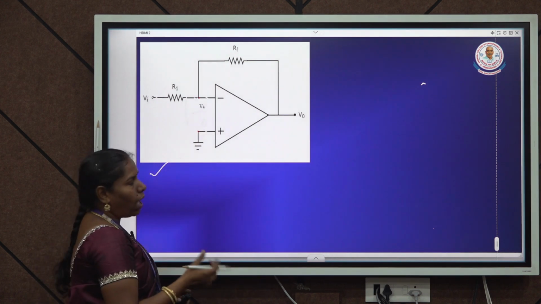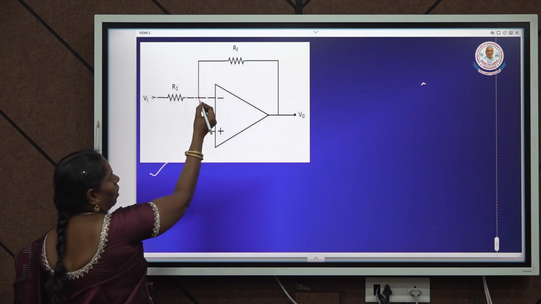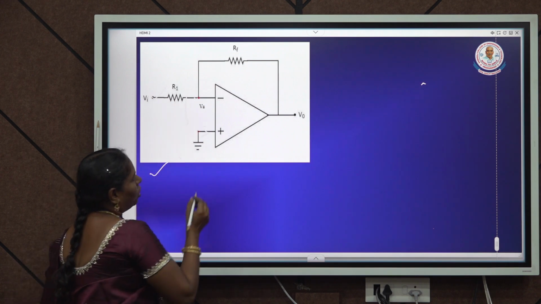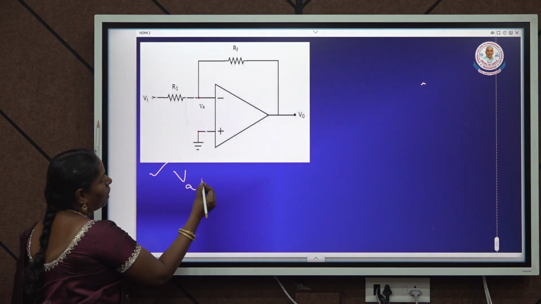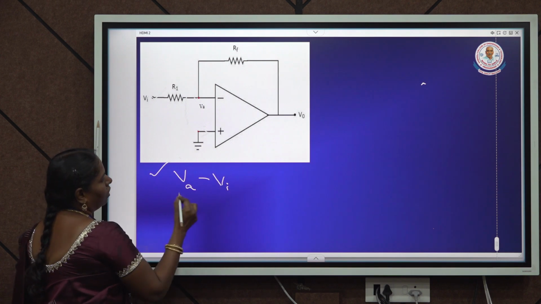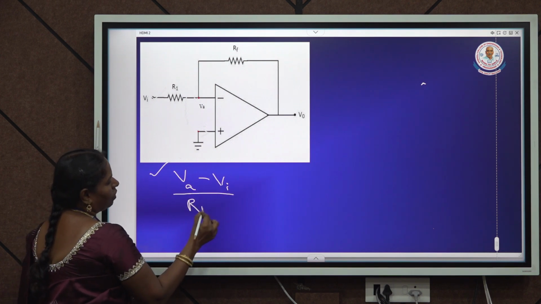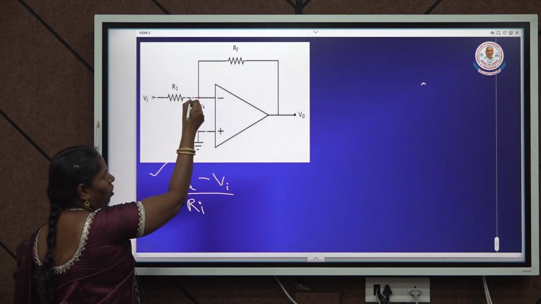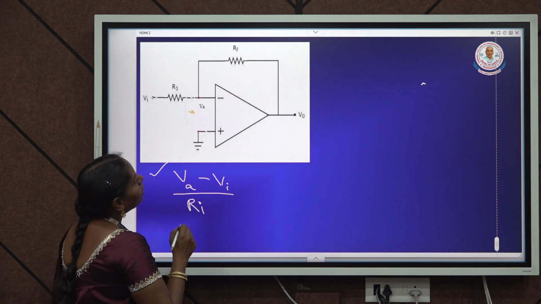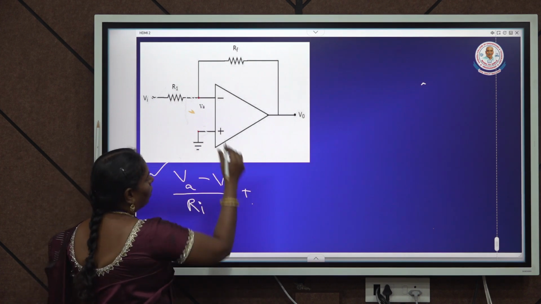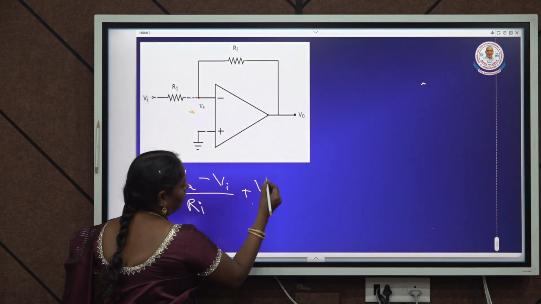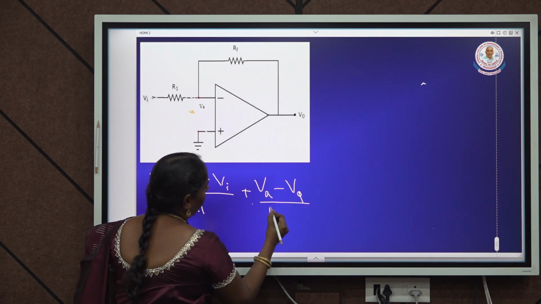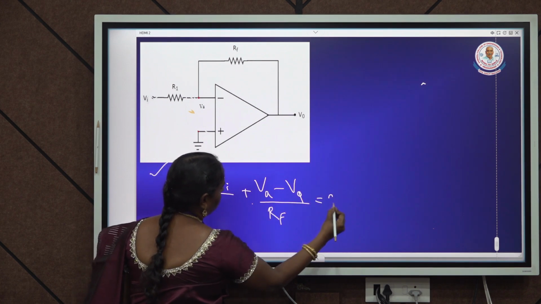As per the rule, I am going to write the equations. Here is VA, here is Vi. The potential difference (VA minus Vi) divided by Ri is the current marching towards the node point A, plus the current leaving the node, represented as (VA minus V naught) divided by Rf, equal to 0.